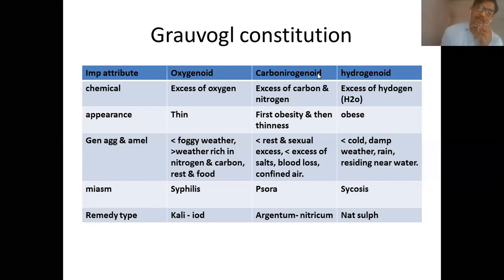And the Hahnemannian miasm which is similar to this oxygenoid constitution is syphilis. And the prominent remedy mentioned by Dr. Grauvogl is Kali iodatum. If you read the symptoms of Kali iodatum, most of them and the oxygenoid constitution symptoms are very much the same.